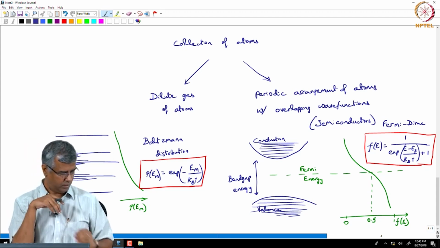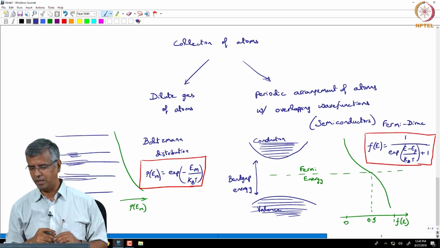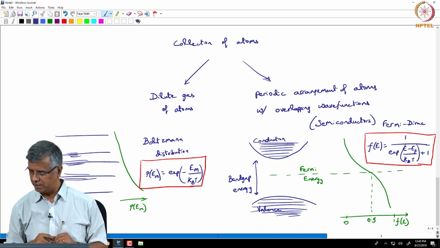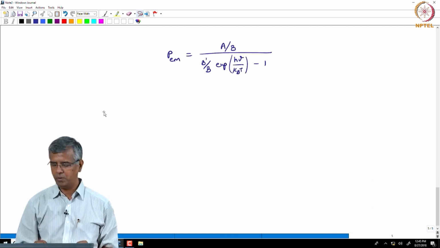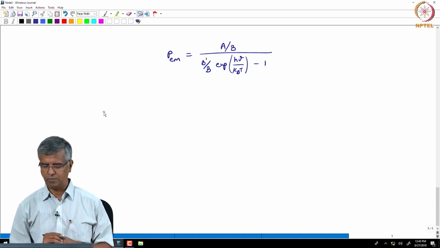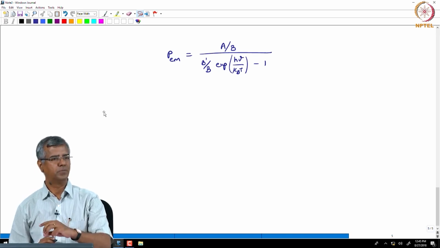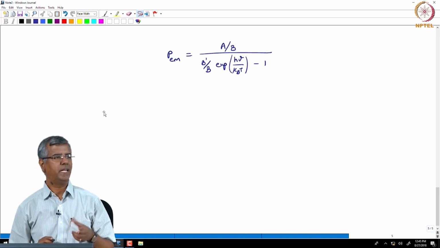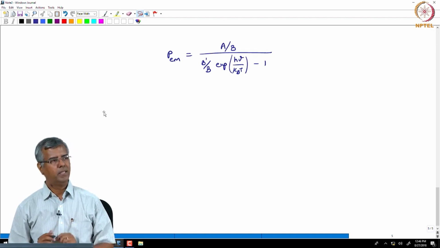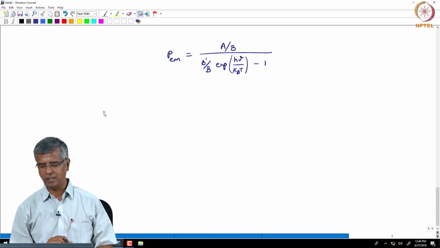Okay, I wanted to go to one more concept, maybe I will just give you a hint about this and we will continue this in the next lecture, right. So, I am looking at this expression and I am starting to read into it from the perspective of what is the relative value of kBT and h nu, because based on those relative values, the value of the probability density of emission changes quite rapidly.